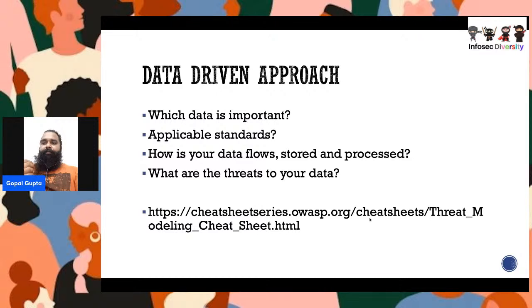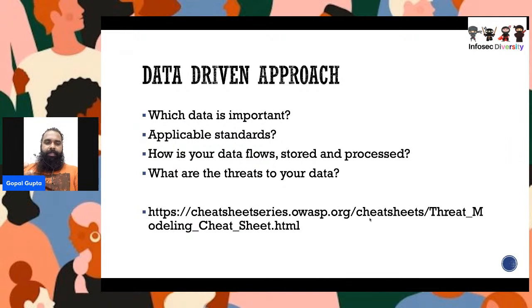So you want to focus on how the data is handled and what the regulatory requirement for your data is. If you are concerned about privacy related regulations like GDPR, then it becomes more important that you target the data which is important from the data privacy point of view. What you want to do is know how your data is flowing through the system, how it is being stored, how it is being processed. Based on this journey, you want to see what the critical points are where your data might be mistreated or misused.